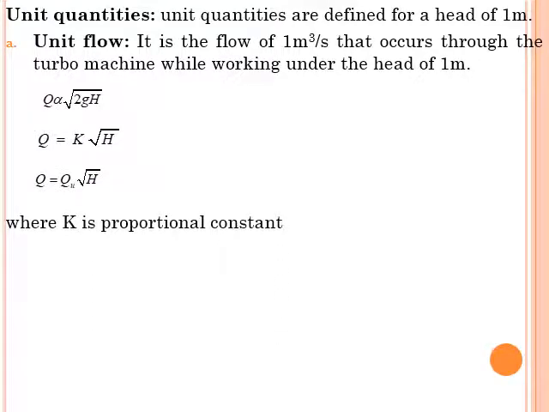Here K is the proportional constant, so K can be written as QU, that is unit flow. Now Q equals QU into square root of H. By the definition of the unit quantities, when the head equals 1 meter, then Q equals QU.